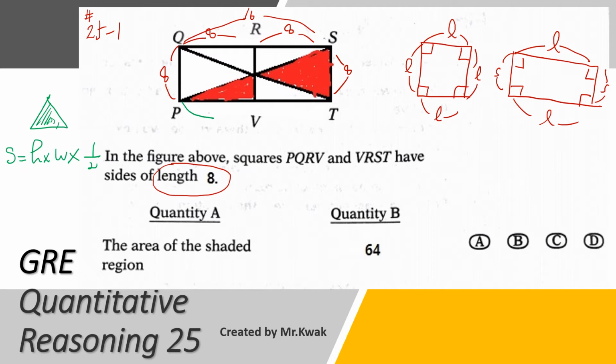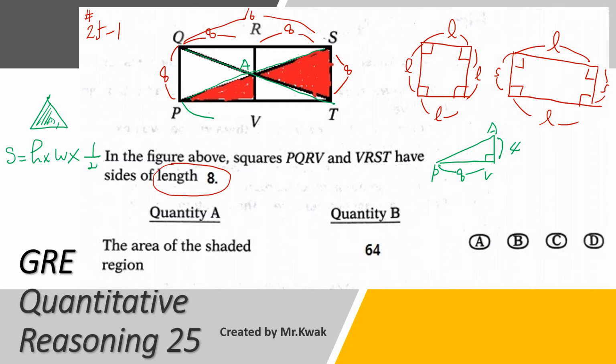So first of all, let's call this part point A. So we have to get the area of PAV first of all. So this part, the length is 8. This part, the length is 4, because there are two lines that intersect each other.